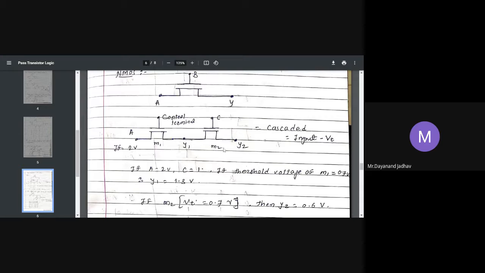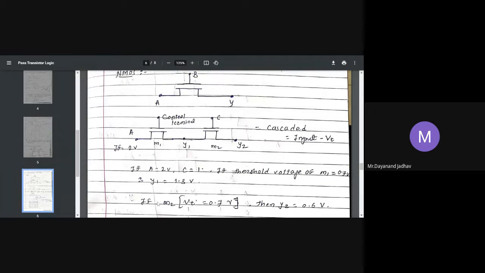Just like that, when we consider the threshold voltage for M2 again 0.7 volt, then Y2 we can calculate as 1.3 minus 0.7 volt. Just like that, in cascaded design of the NMOS, the output is equal to input minus threshold volt.